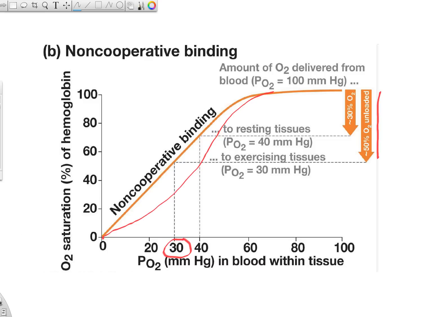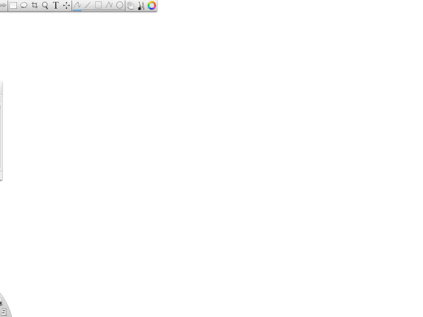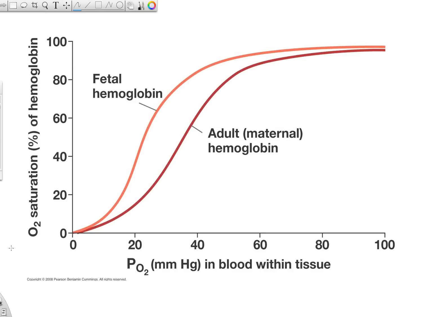Let me show you another graph in which the affinity of hemoglobin in mom is compared to the affinity of hemoglobin of the baby. So the baby will grab oxygen from its mother, be able to outcompete the maternal hemoglobin for available oxygen. Now, if we get rid of these titles, this looks an awful lot like another graph in which you have a relatively high pH environment compared to a relatively low pH environment.